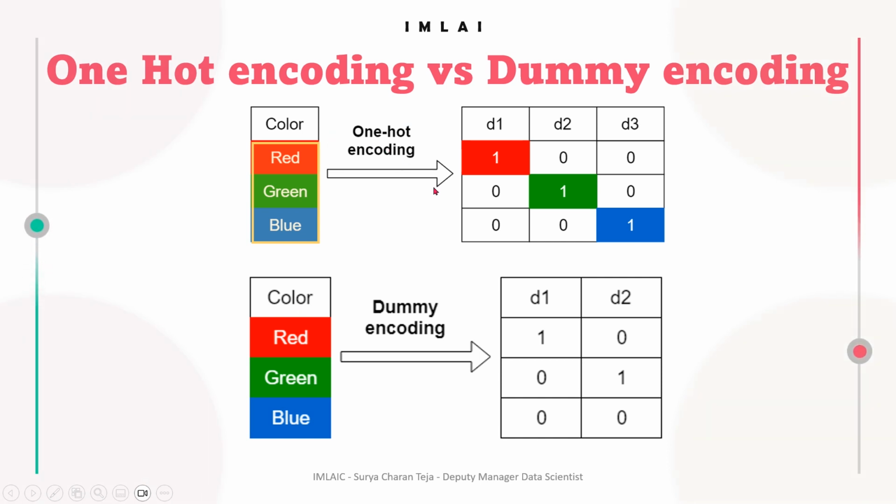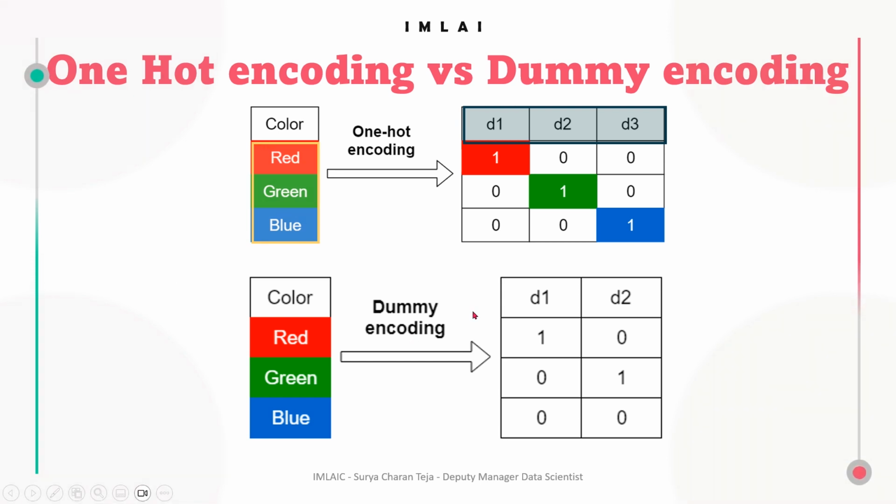If I do the OneHot encoding, then my number of dummy features would be n only, so I will have three dummy features, d1, d2, d3. If the value is red, d1 will have 1 and d2, d3 will be zeros. If the value is green, d2 will have 1 and others will be 0, and if the value is blue, d1 and d2 would be zeros and d3 would be 1. This is what we call OneHot encoding.